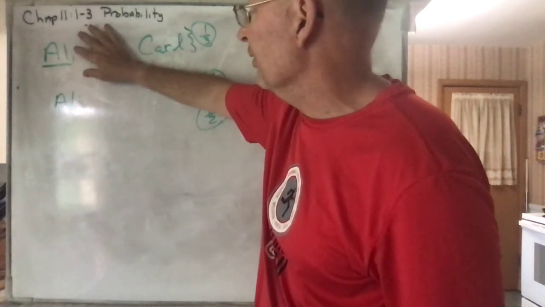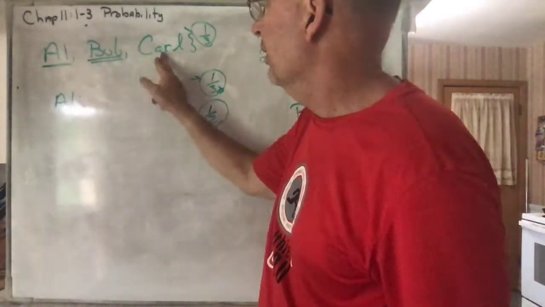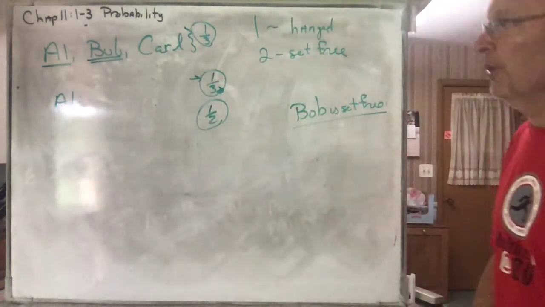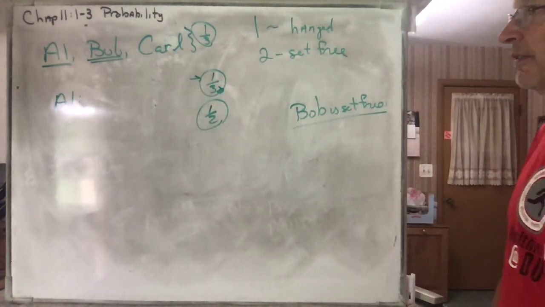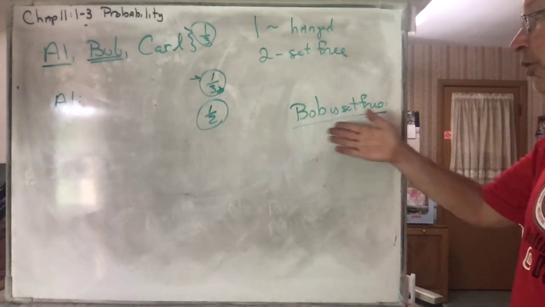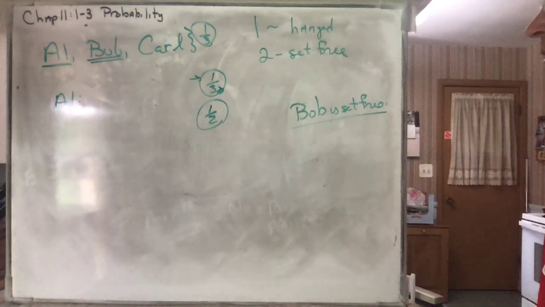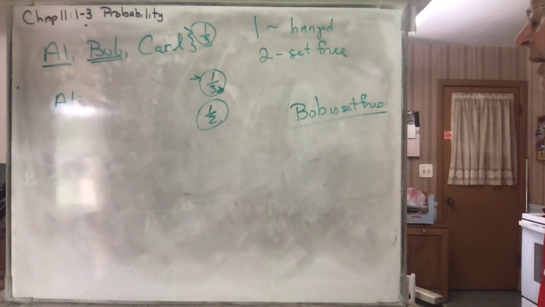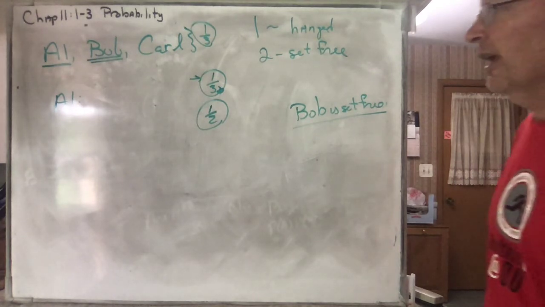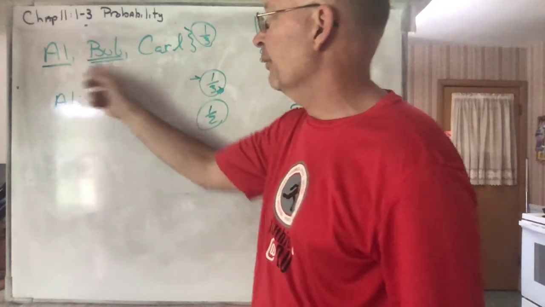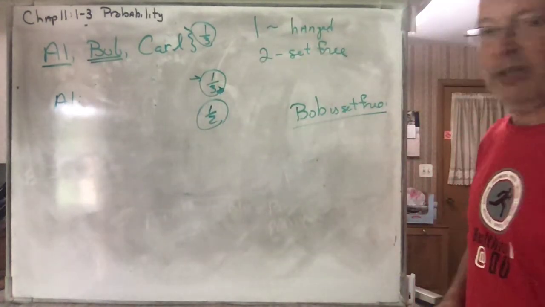Now they're both 1/2. Okay? Now they both have a probability of 1/2 of getting hanged, because he asked him about Bob, and the answer could have been Bob is going to be hanged, but instead the answer is Bob is going to be set free, and so now the chances are equal for both of them. Okay, so kind of cool.